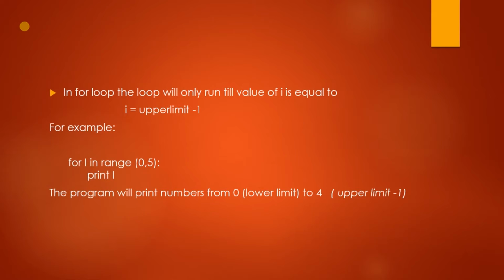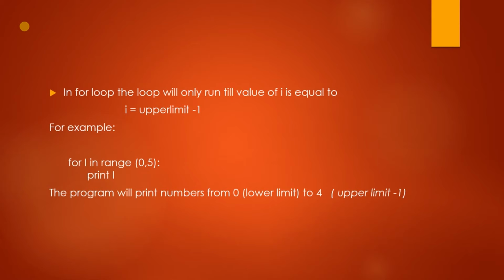We're going to get these 5 numbers printed onto our output screen by just entering these 2 lines of code. So the value of i is going to range from 0 to upper limit minus 1. In this case upper limit is 5. So the value of i will range from 0 to 4 and it will print each value of i.